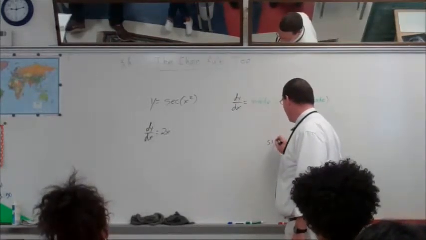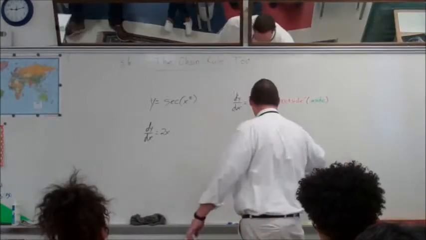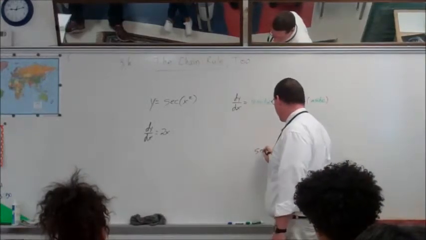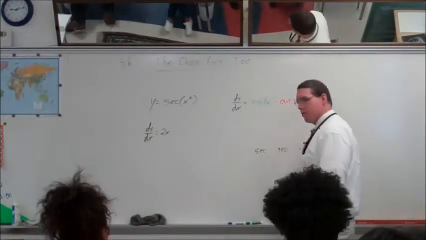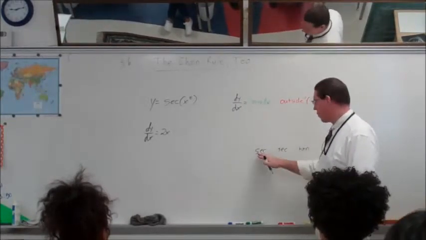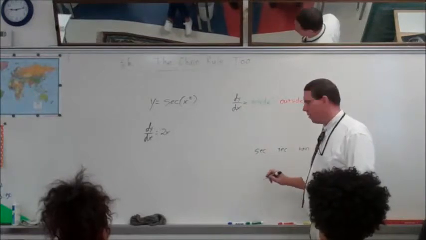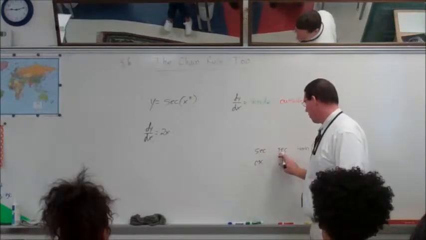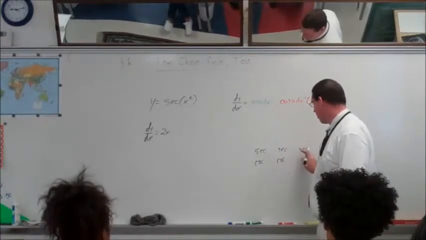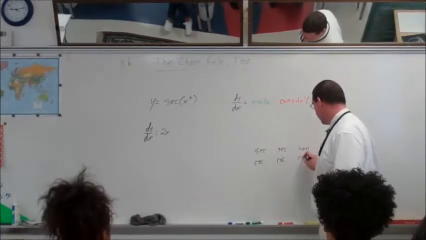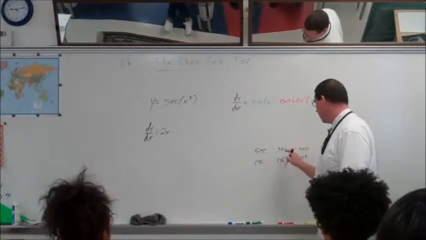It's confusing. All right, how about this? Just write secant, tangent every time. Secant, tangent. And then their cofunctions. What's the cofunction for secant? Cosecant. And what's the cofunction for tangent? Cotangent. So the derivative of tangent, secant.